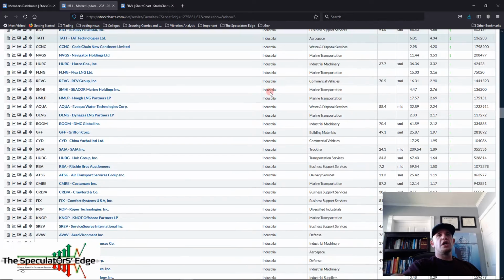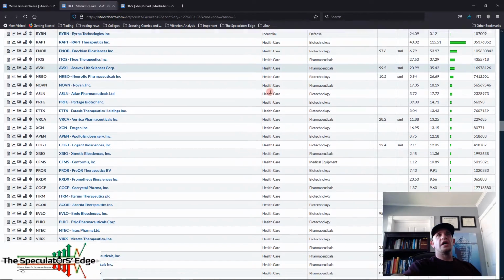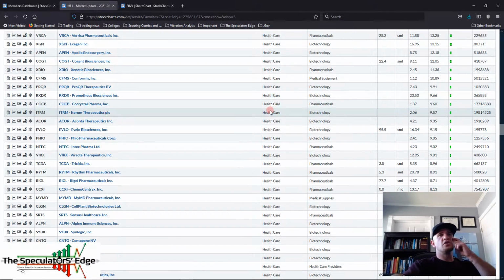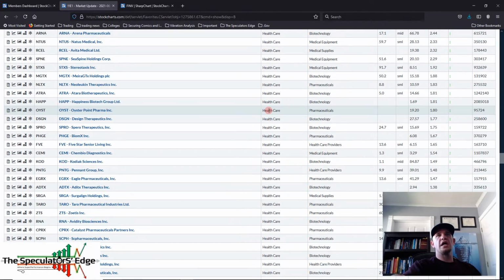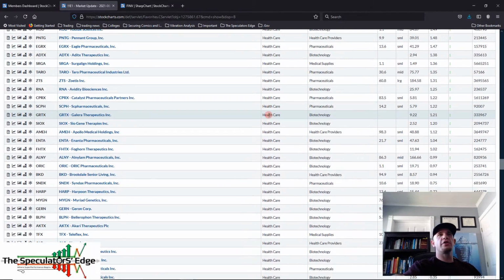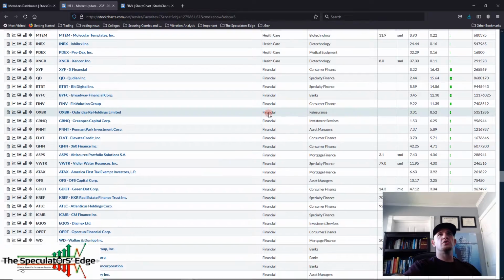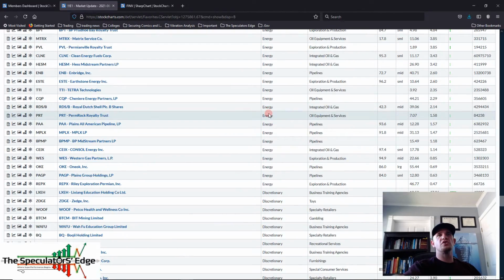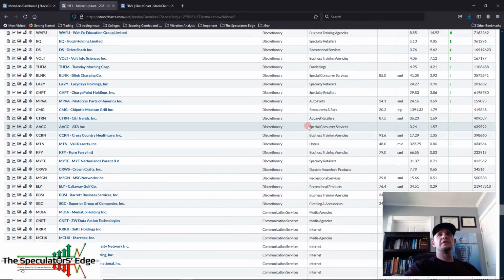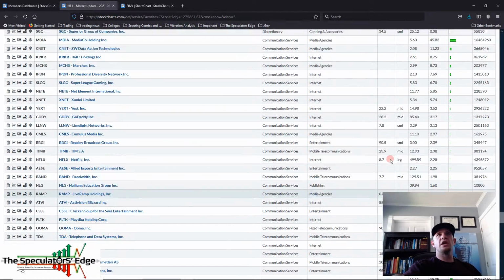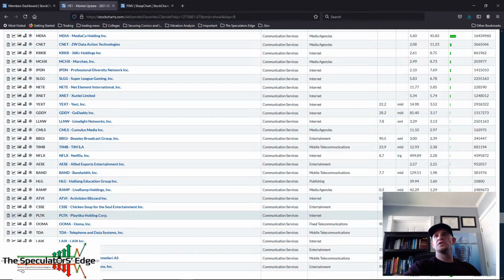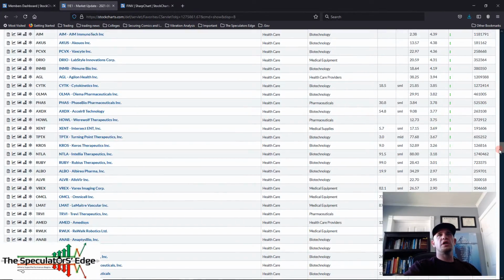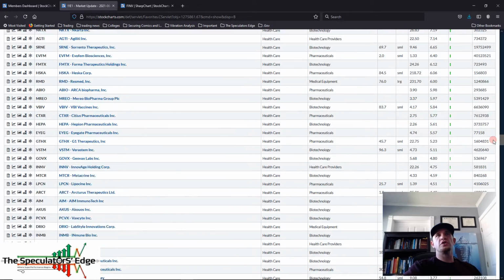There was rotation into industrials today. Healthcare still remains the strongest as well. So technology and healthcare are the two best, and then financials as well. There's been some rotation in the financials. Other than that, that's where you want to be swimming in. Try to stay within those boundaries. So technology and healthcare for now, until those start to decrease.